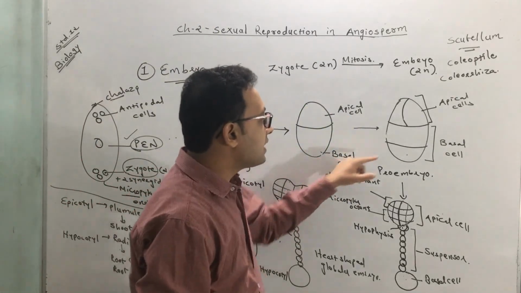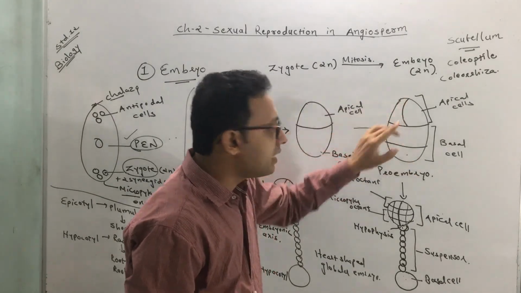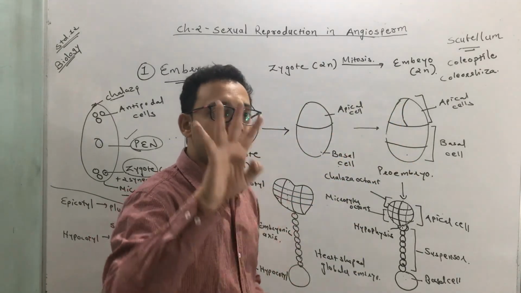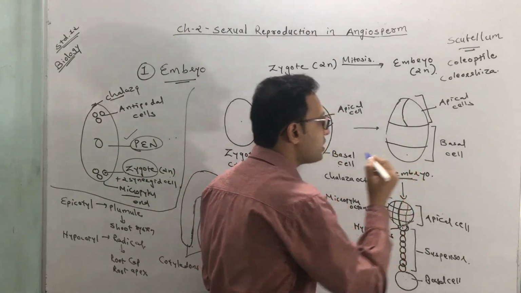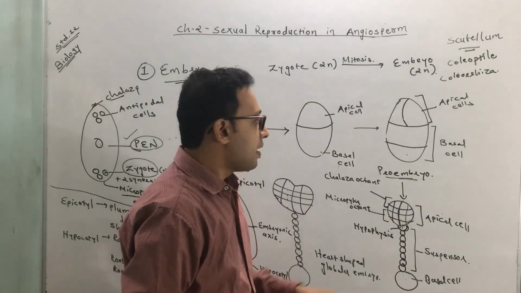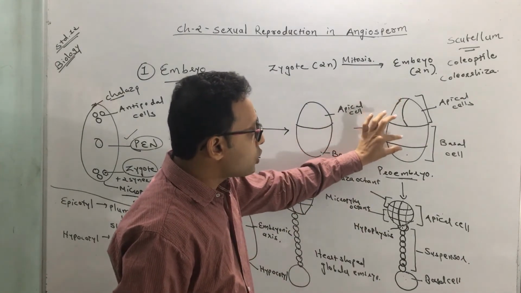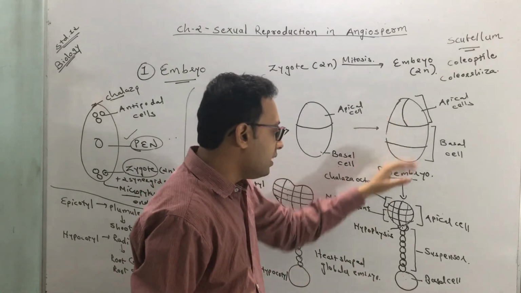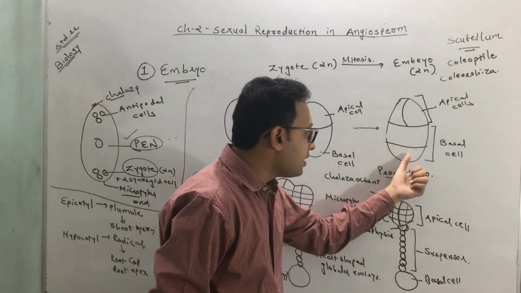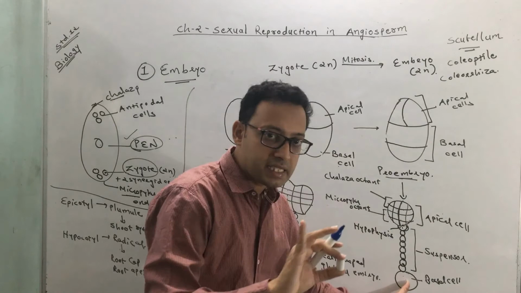Now this basal cell divides transversely, and the apical cell divides vertically, forming a 4 cell structure called the proembryo. This proembryo contains 2 basal cells and 2 apical cells. Of the 2 basal cells, the basal cell towards the micropyle remains as such.